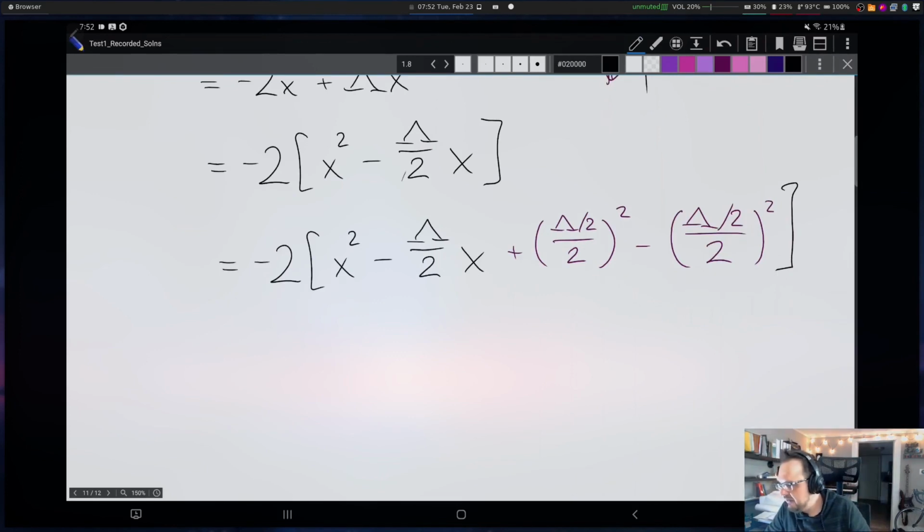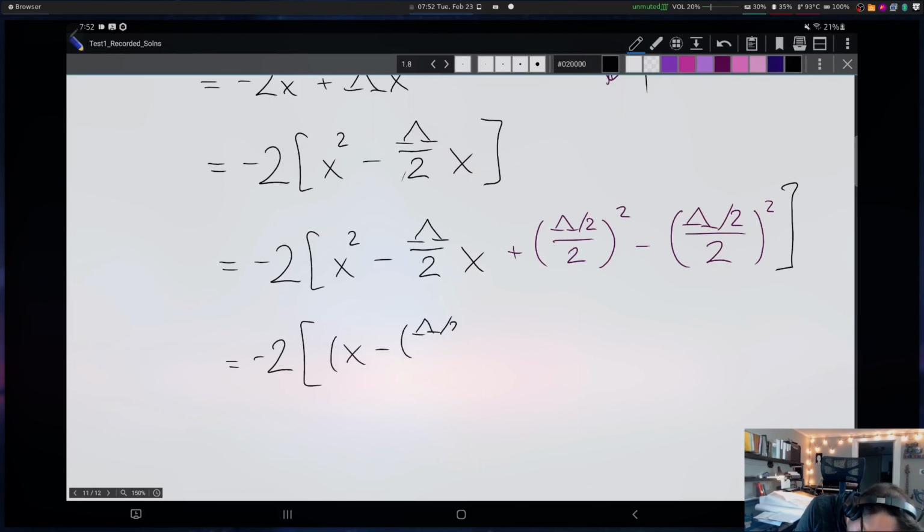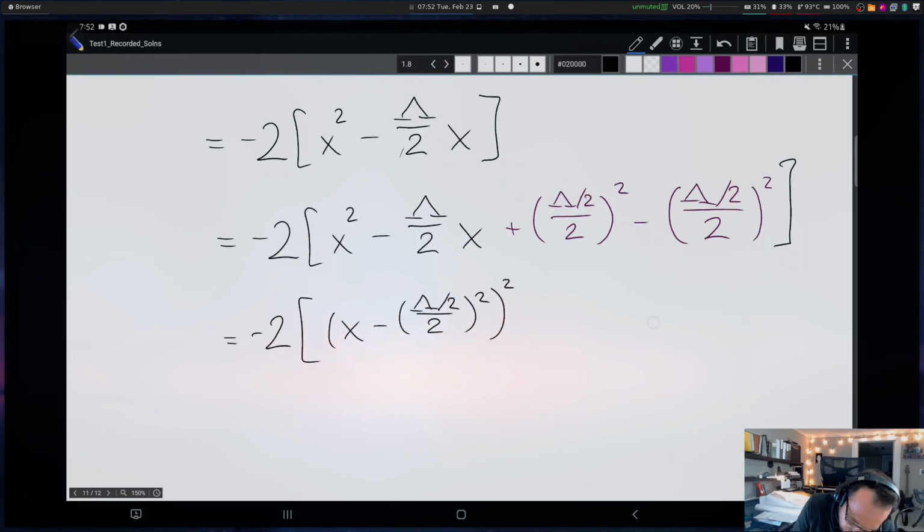The point of this maneuver is that we can do this here. So I get an x minus lambda over 2, and I'm leaving this in this kind of weird form just to indicate where everything goes. So this is accounting for these first 3 terms here. If you square this thing back out, what do you get?